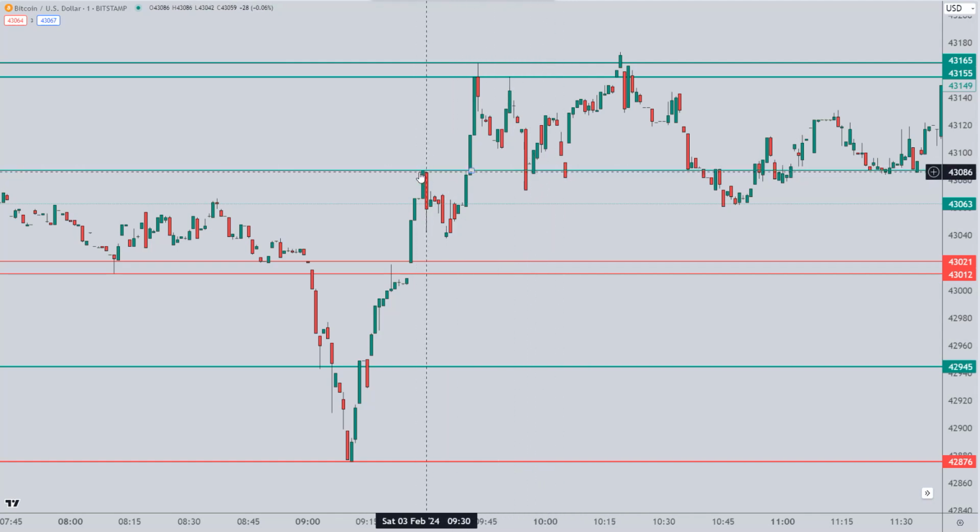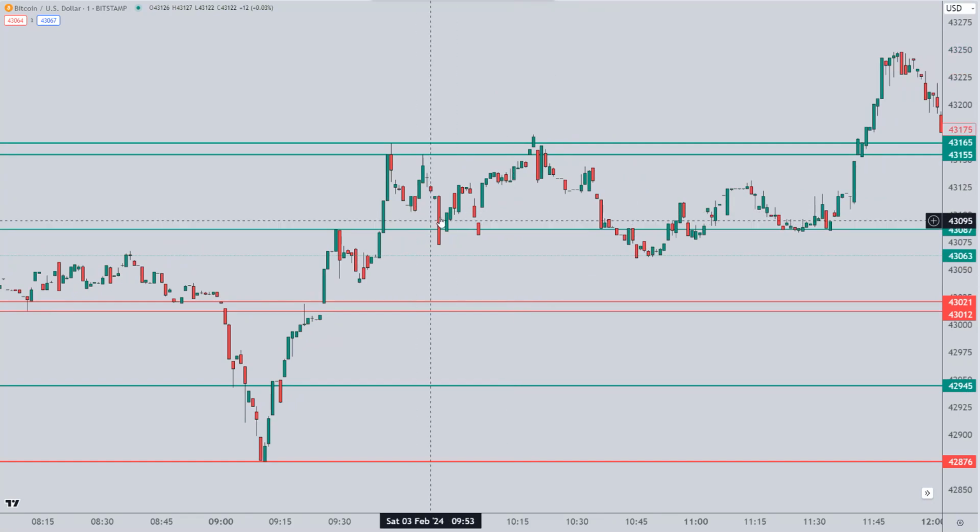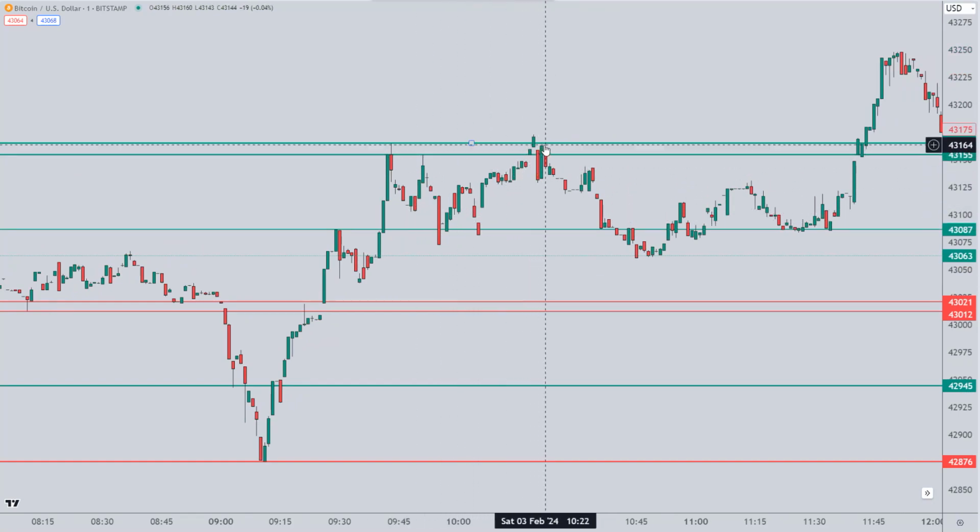We have this previous major that we downgraded to minor resistance has now become support, which is very, very common, obviously. And then we come back up, and the market obeys this level, but exceeds it ever so slightly.